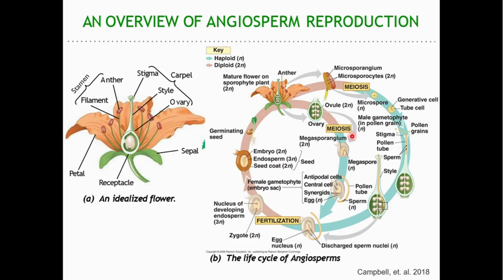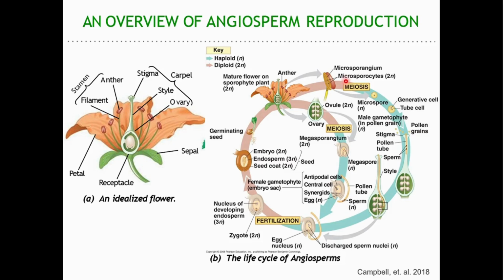So after the meiosis process, it will form a megaspore, which is haploid and has half of the genetic copy, in the megasporangium. And then this will form a female gametophyte, which is the embryo sac, which consists of the antipodal cell, central cell, synergids, and the haploid egg.